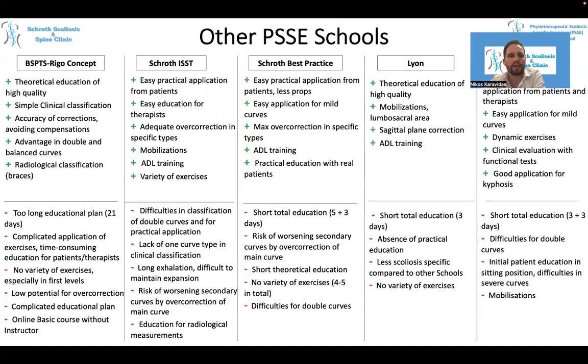And on this slide, I would like to spend some time to explain some of the strengths and limitations of the other PSSE schools that I was already certified in before creating my own school. I need to clarify at that point that explaining the limitations of these schools does not mean that these schools are not good or are worse or anything.